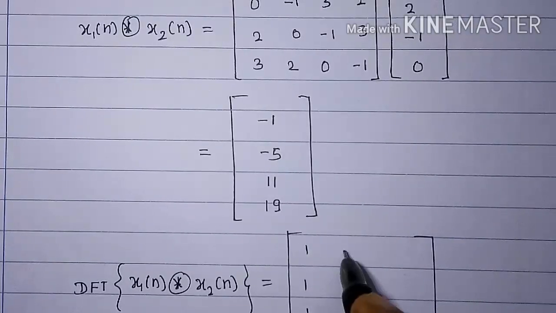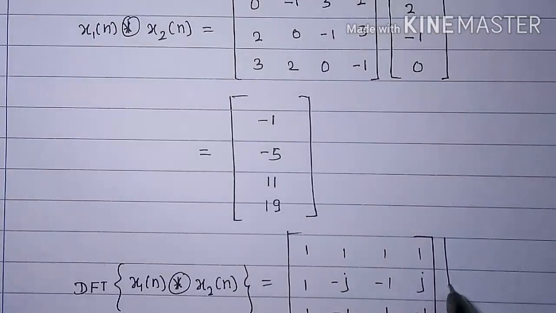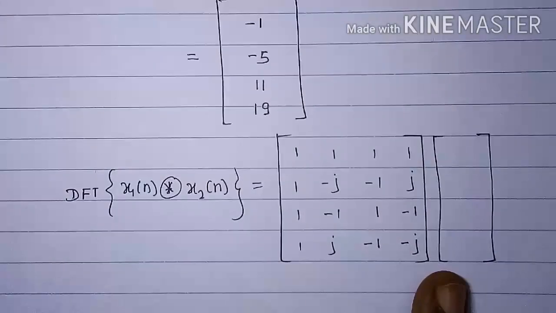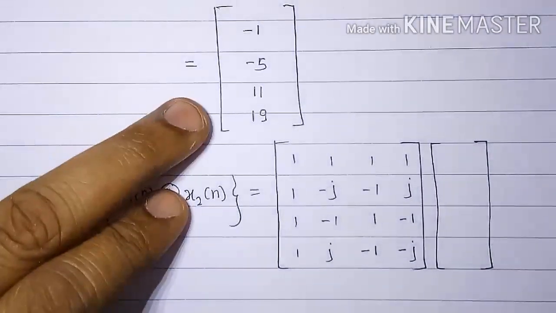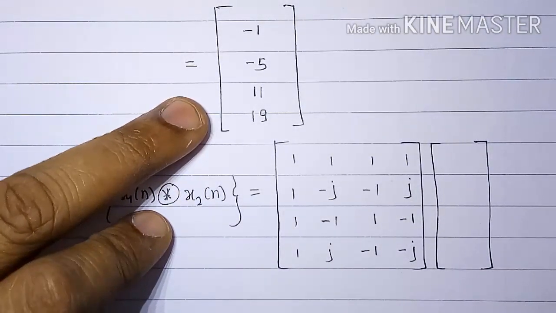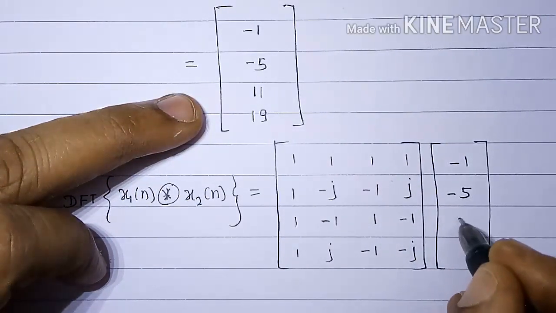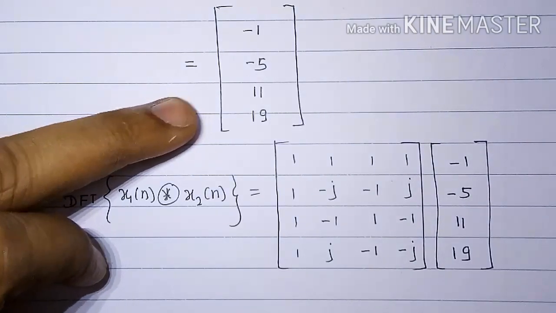One, one, one, one, one, -j, -1, j, 1, -1, 1, -1, 1, j, -1, -j. So this is the twiddle factor matrix, and here now we have to write x1 of n circularly convolved with x2 of n result, that is -1, -5, 11, 19.